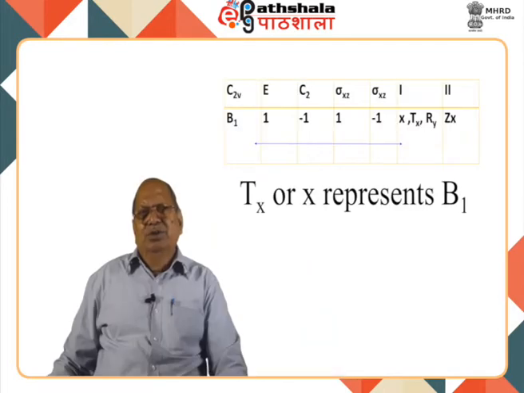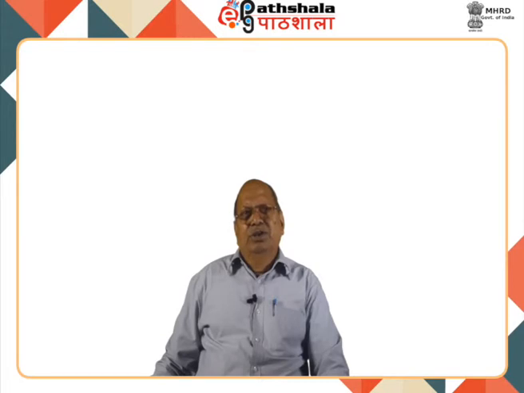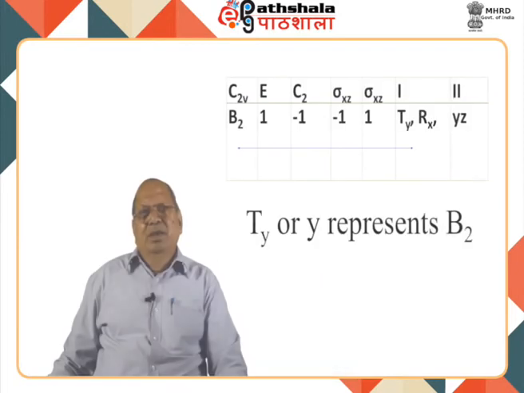You see the table, x or Tx is against B1. So, Tx or x represents B1. Let us now take the Ty or y translational vector. Here, against B2 I have Ty, that is, Ty is the basis for B2. Thus Ty or y represents B2.